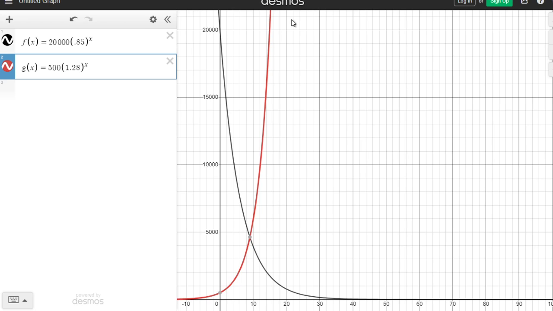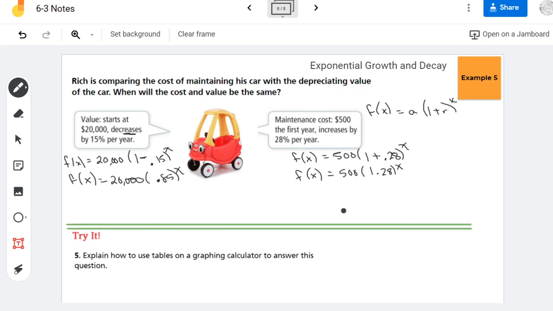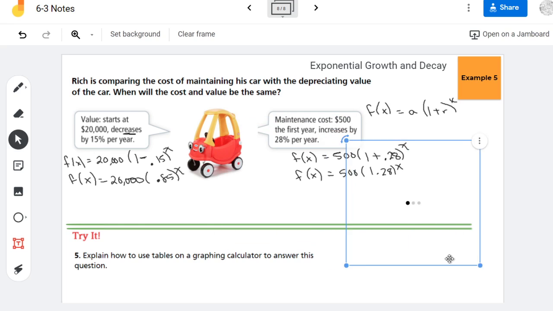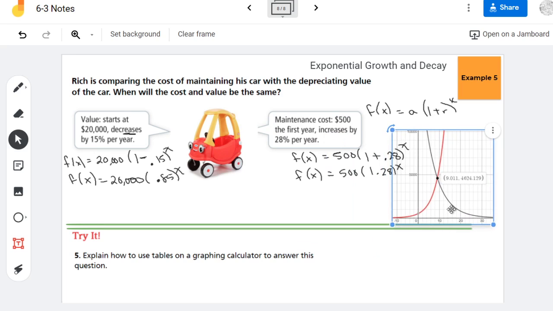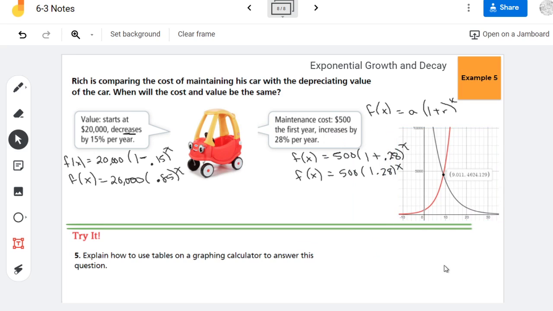So his maintenance cost is going up very quickly. And so right there on that graph is where you could see the number of years. Okay, so just pasting that graph onto my thing here so we could look at it.